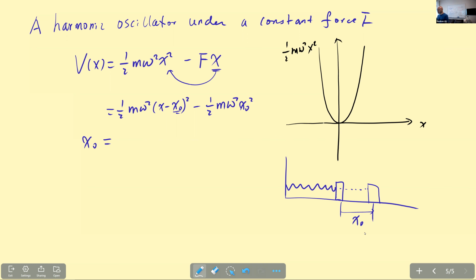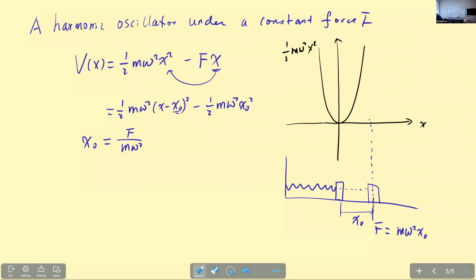And at this new position, the force should equal the dragging force of this spring, right? So that is m omega squared x0. So that means x0 must be F over m omega squared. So the new balance point will be here, right?